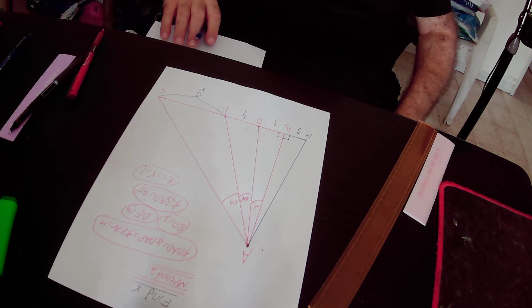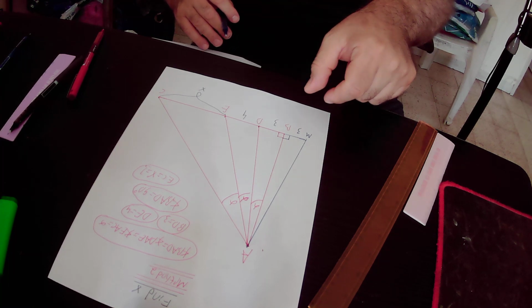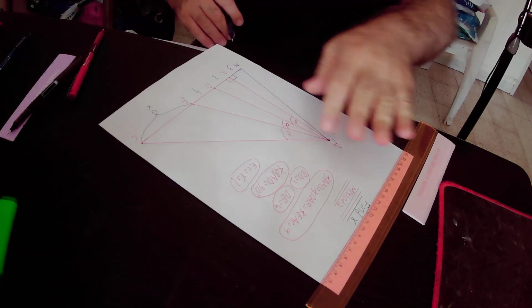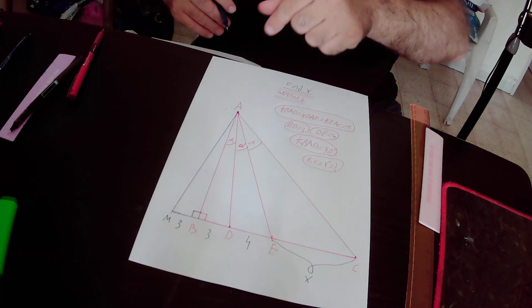First of all, according to our construction, we know that MB equals BD equals 3 units.